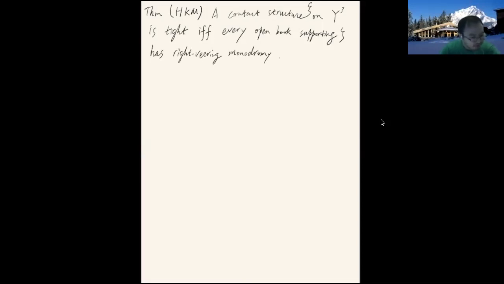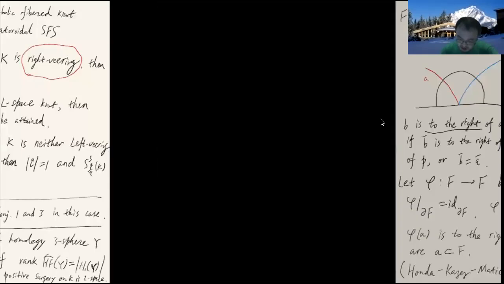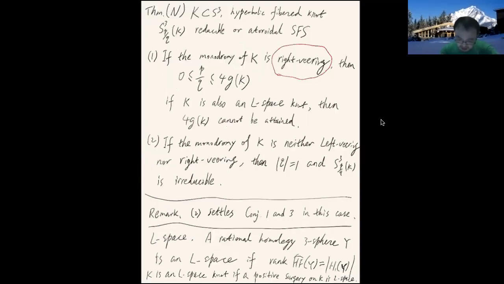All right. So this explains, well, of course, if a map is right-veering, then its inverse will be left-veering. So this explains the terminology in the main theorem.